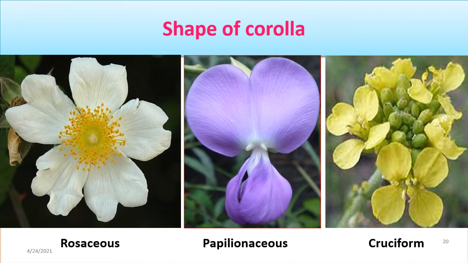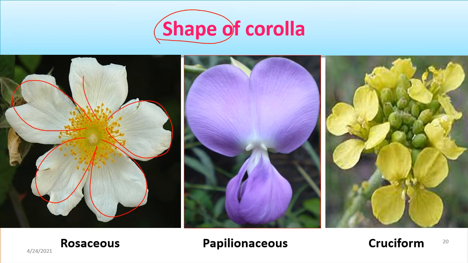Then the shape of the corolla. If you see, this is one petal, this is another, this is another, this is another, and this is another. Five separate petals are there. If you see their shape, this is completely circular, and this is called rosaceous.